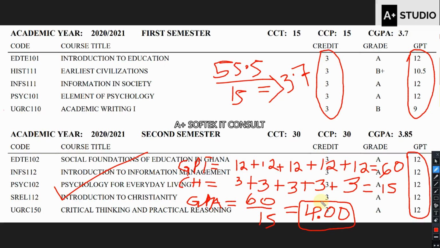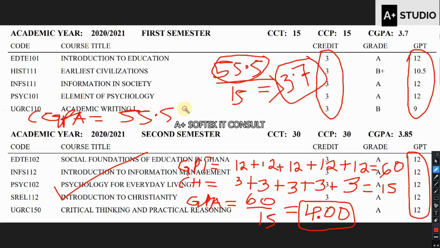But as we are saying, we want to calculate the CGPA. Okay, so the CGPA is going to be the grade point total of the two. So 55.5 plus the grade point total of the second semester, 60, divided by the credit hours of the two.